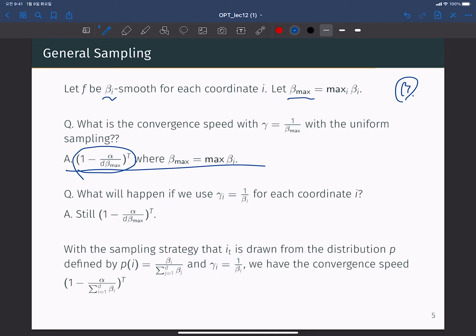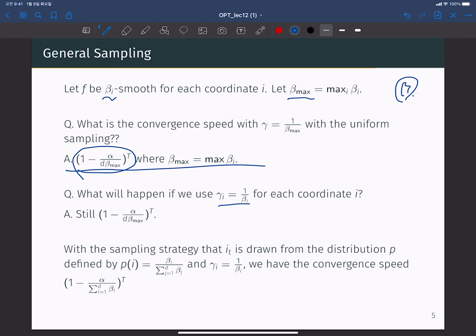Then what if we use a different learning rate for each coordinate? So when we adaptively control the step size gamma i according to the sampled index, if your sampled index changes very rapidly, then maybe we need to slow down the learning process.